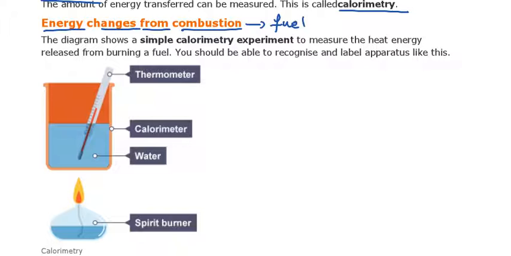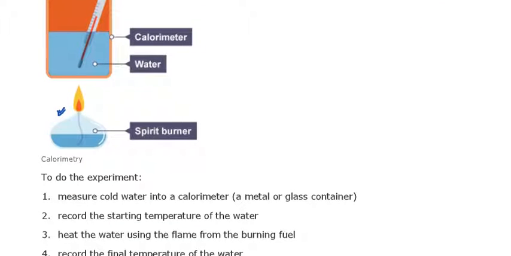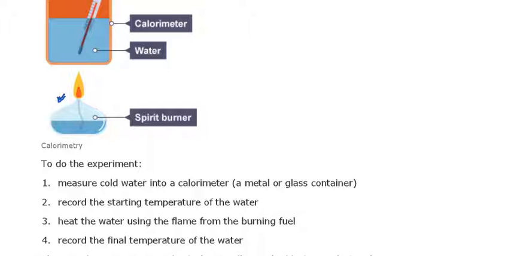Here we have one spirit burner, and in a beaker you add some water. Usually we also add one thermometer in that. The glass container is the calorimeter.